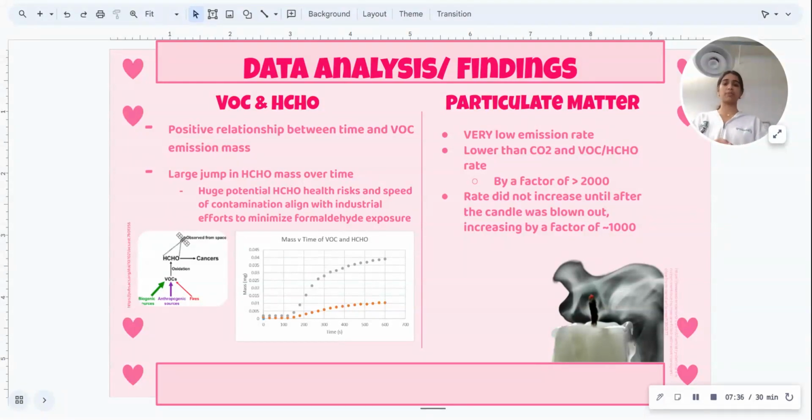So there's a positive relationship, and the huge potential HCHO health risks and speed of contamination do align with industrial efforts to minimize formaldehyde exposure, as our experiment proved. And then with the particulate matter experiment, we had a very low emission rate. And this did not increase until that last time interval, where we blew out the candle and there was a very large increase in particulate matter.